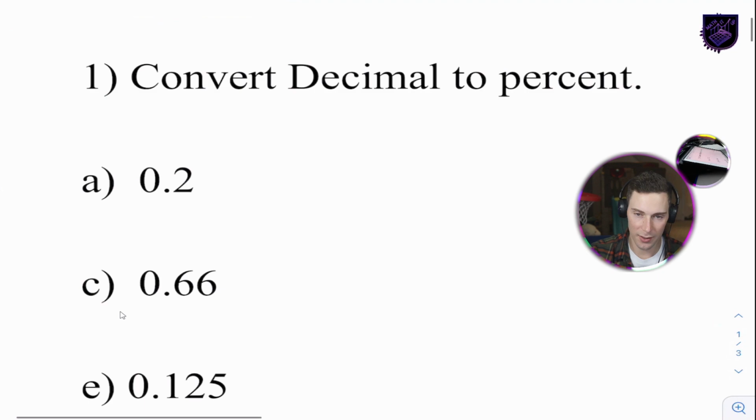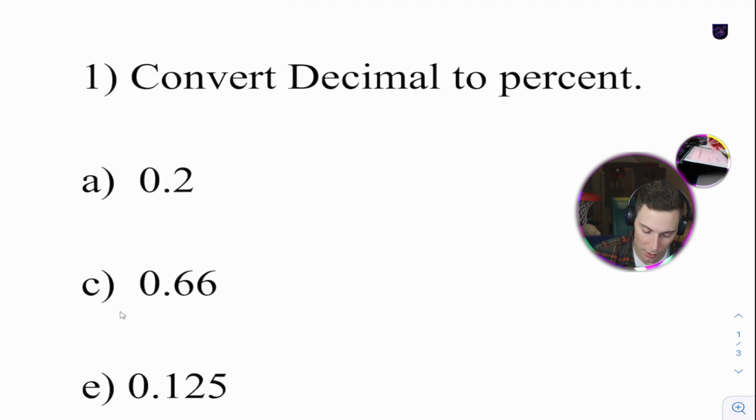1a. So this is converting a decimal to a percent. And it's pretty straightforward, right? Percent is per 100. So we're going to convert to a percentage by changing this decimal into hundredths, and then writing the percent sign after it, essentially.